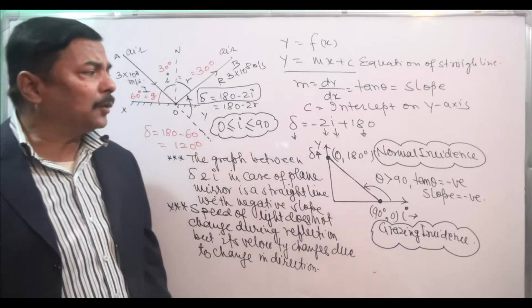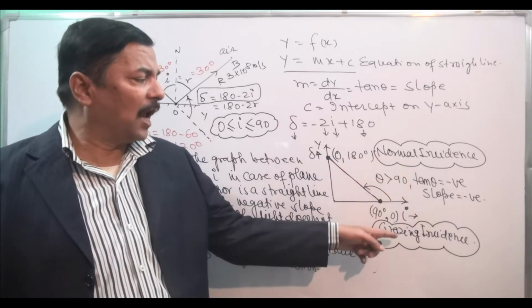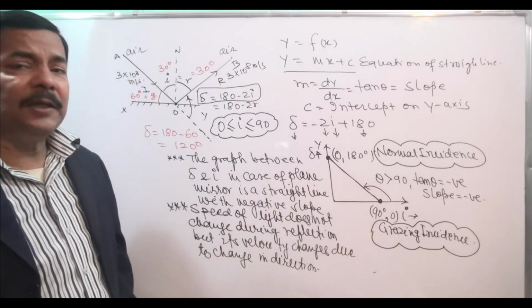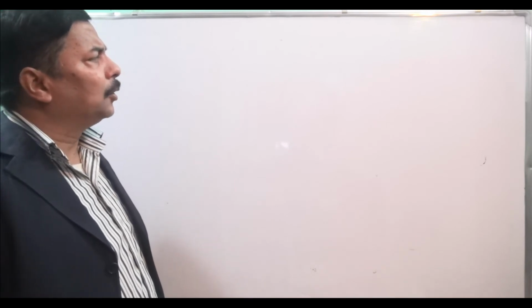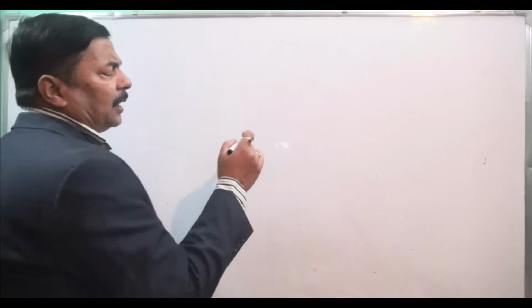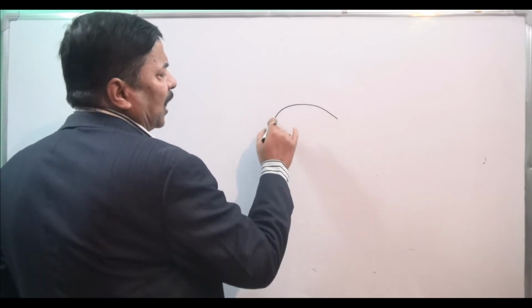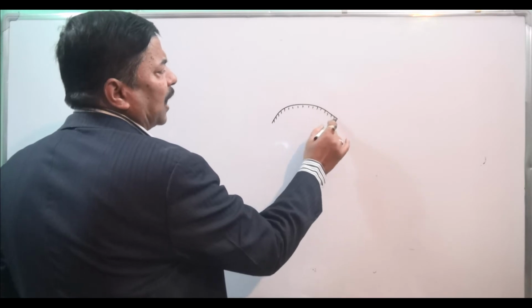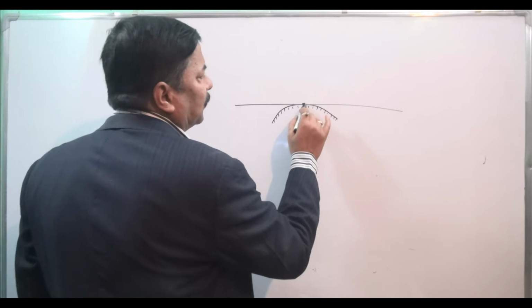Now I will try to make you understand the normal incidence and the grazing incidence. So we have to understand the normal incidence and grazing incidence. For your understanding, I am taking this type of surface, and this is the point of incidence.